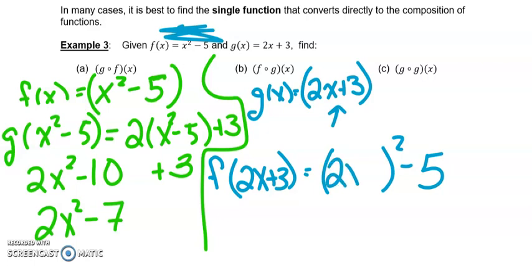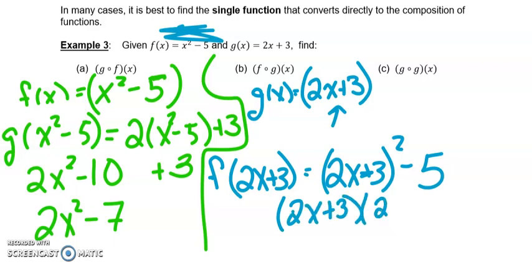So in there, put the 2x plus 3. What does 2x plus 3 quantity squared mean? Yes, you are correct. It means 2x plus 3 times 2x plus 3, right? Minus 5.